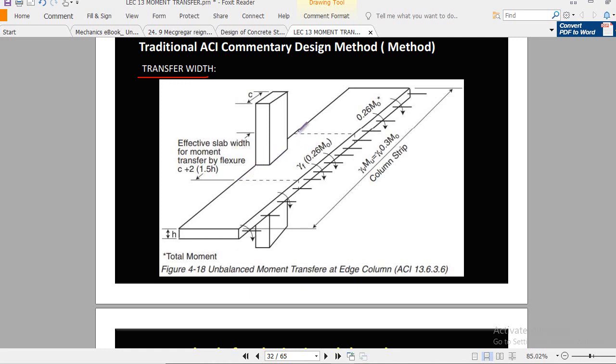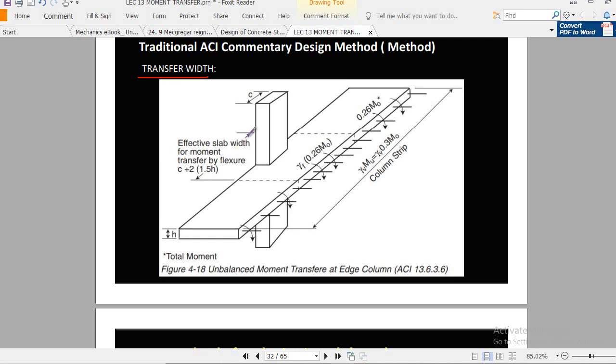What will be the width in which we have to provide those flexure reinforcement for the amount of unbalanced moment? This is important, which is known as transfer width or effective transfer width.